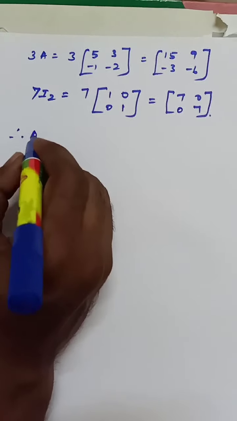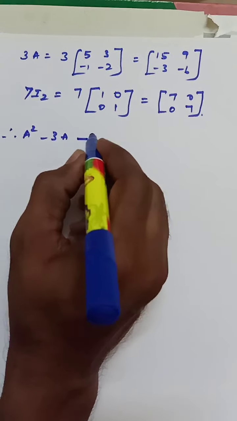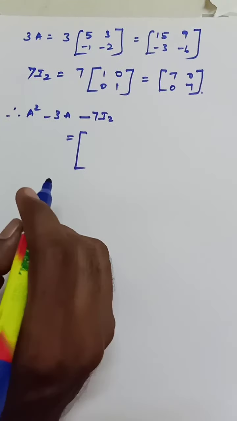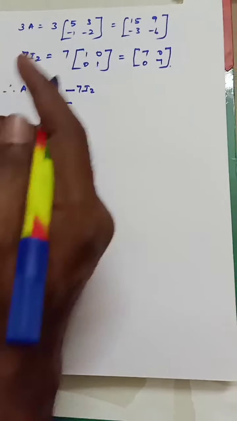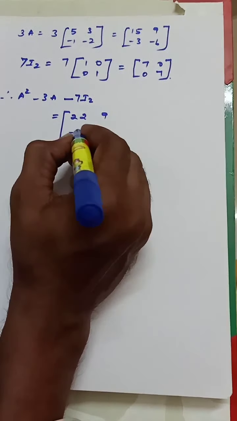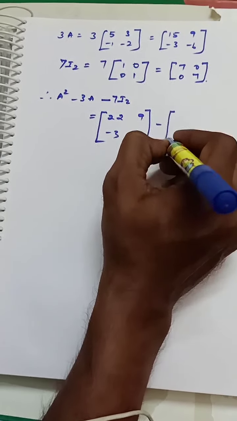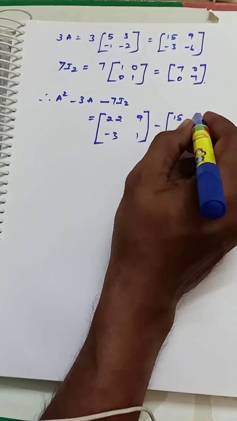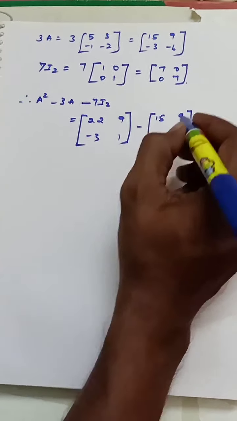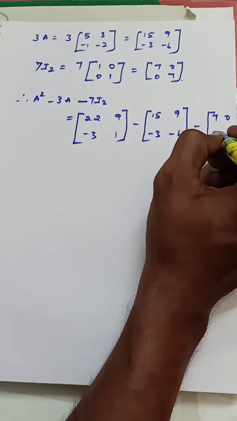So therefore A square minus 3A minus 7I2 is nothing but A square, 22 9 minus 3 1, minus of 15 9 minus 3 minus 6, minus of 7 0 0 7.